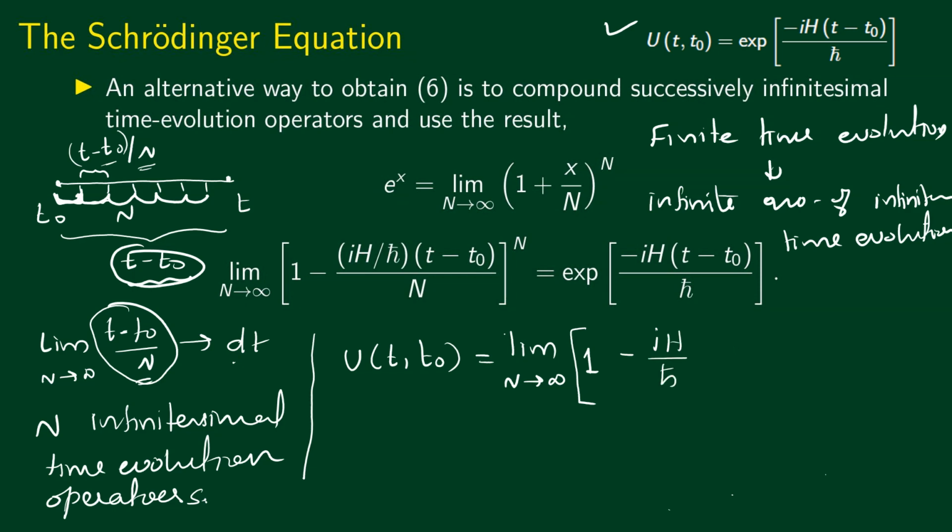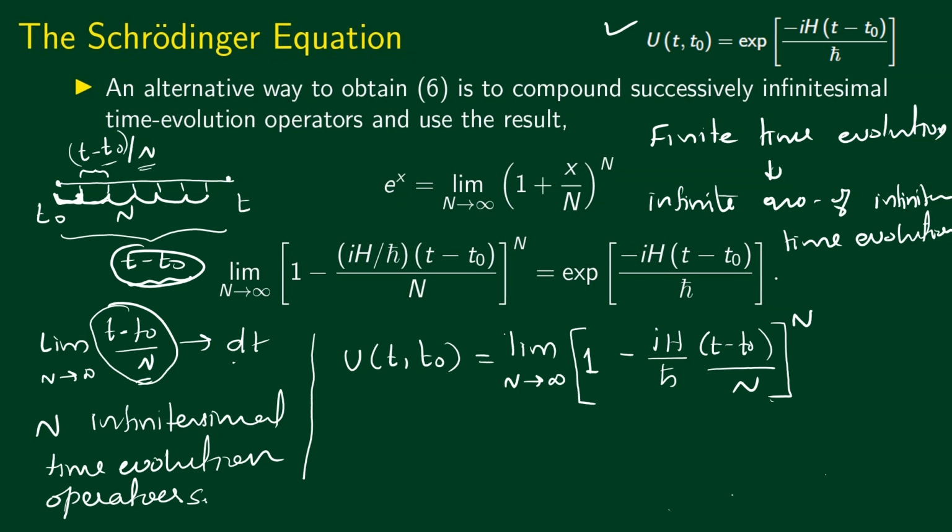Now here instead of dt we have (t − t0)/n. Now this is just one operator corresponding to one infinitesimal time evolution. We need to compound n such time evolutions, so you have to take this operator n times. That will give the finite transformation from t0 to t. This is the basic idea that we are using here. Okay, I hope this is clear.